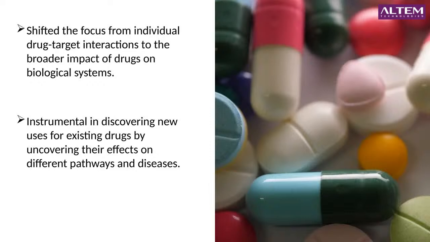So network pharmacology has shifted the whole focus, like I told you, from single drug-target interaction to the effect of drugs on biological systems, aiming to identify the interconnected targets and their influence on the networks. Traditional pharmacology often examines one drug acting on one target, but diseases are complex, and they do not lend themselves to that kind of comprehensive study.